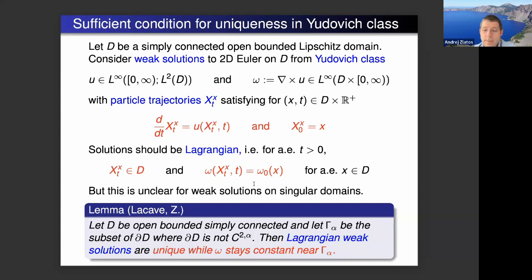So as long as almost all particle trajectories stay inside the domain and carry the vorticity, then the solution is Lagrangian. And this proves that Lagrangian solutions are unique, as long as they only have a constant part of the vorticity near the bad part of the boundary.